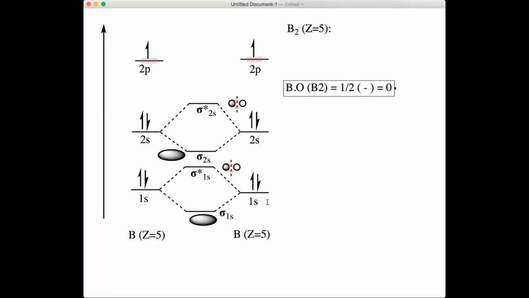Obviously combining two 1s leads to two molecular orbitals, one bonding 1s and one anti-bonding 1s sigma star. We also combine the two 2s orbitals. A combination of two s orbitals leads once again to two molecular orbitals, one bonding sigma 2s looking like this, one anti-bonding sigma 2s looking like this.